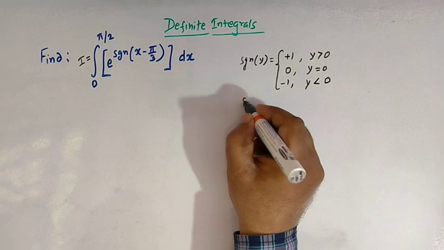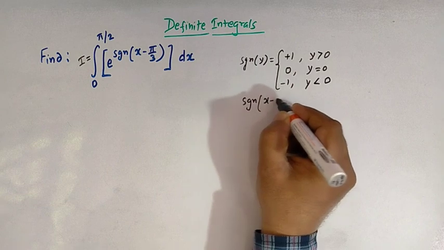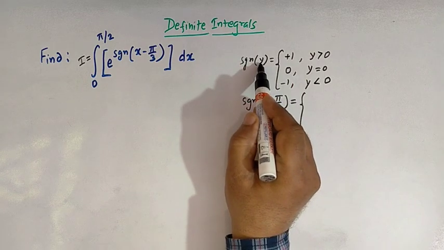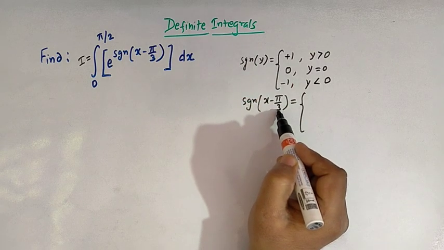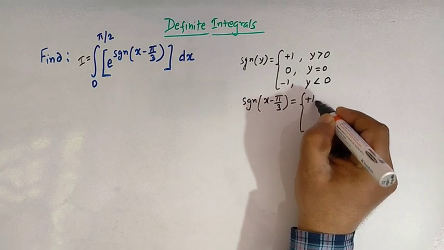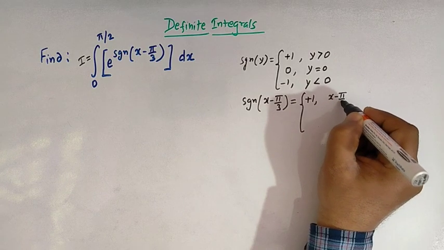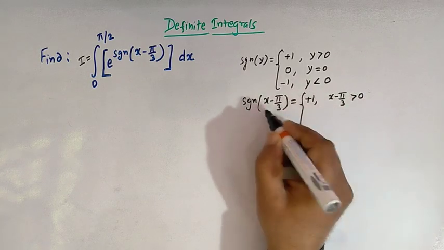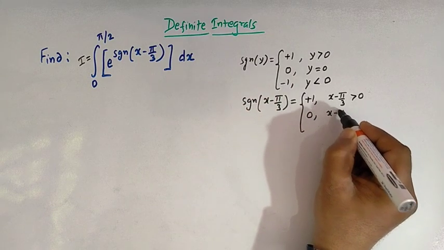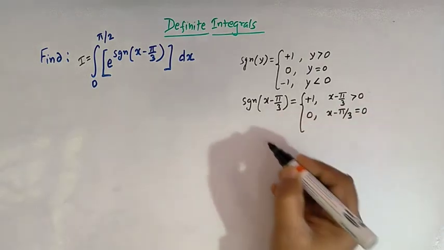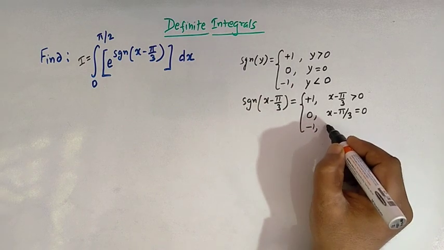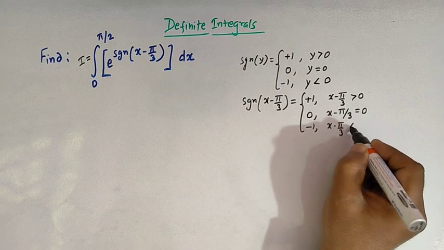So signum of x minus pi by 3 can be written as follows, where we replace y by x minus pi by 3. It takes the value plus 1 whenever x minus pi by 3 is greater than 0, the value 0 when x minus pi by 3 is equal to 0, and the value minus 1 whenever x minus pi by 3 is less than 0.